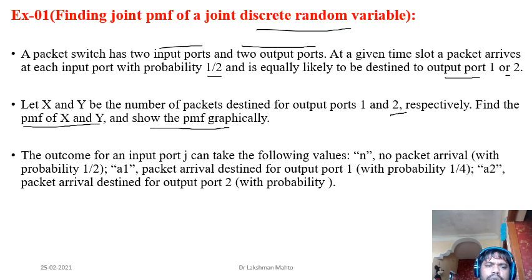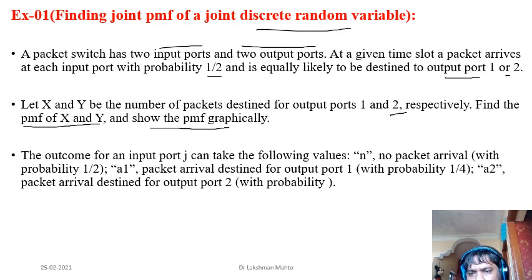Let me introduce a few things. See, the outcome for an output port j can take two values, either 1 or 2. The outcome for an output port j can be the following.